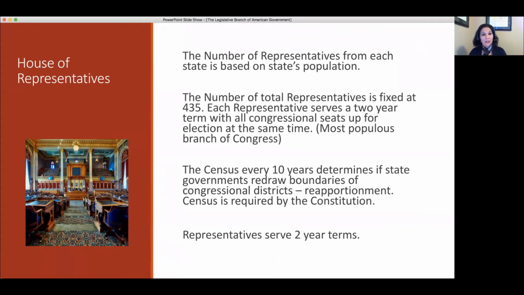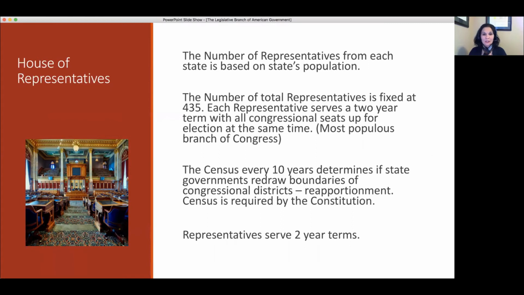The census is actually required by the U.S. Constitution, and our representatives serve 2-year terms. So if a representative introduces legislation in the House and it is passed, it moves on to the Senate for the Senate's consideration.